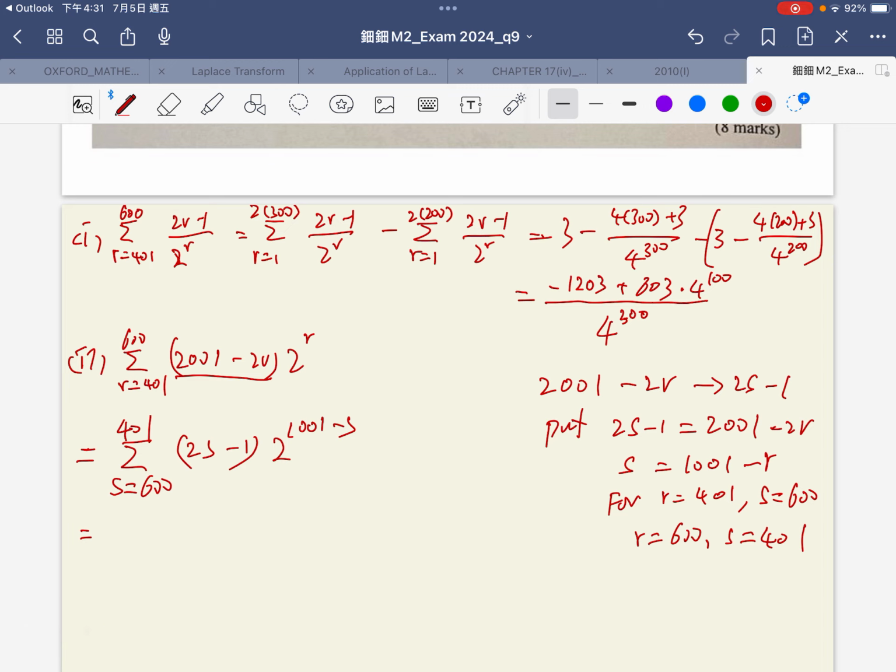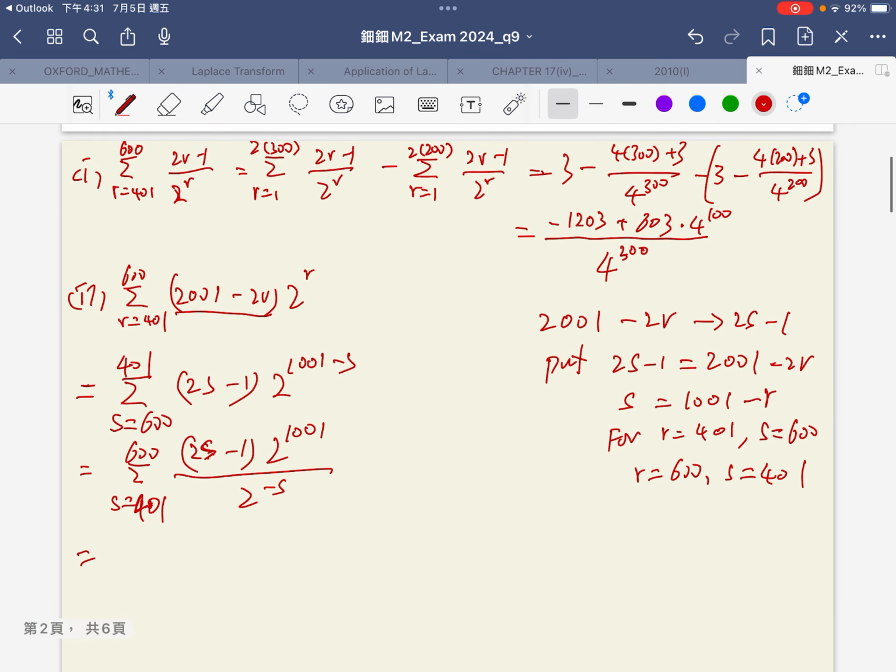And I make the common factor outside: 2s minus 1 times 2 to the power 1001 over 2 to the power s, in the summation. Exchange the upper bound and lower bound to 401 to 600, and factorize this one outside the summation sign.